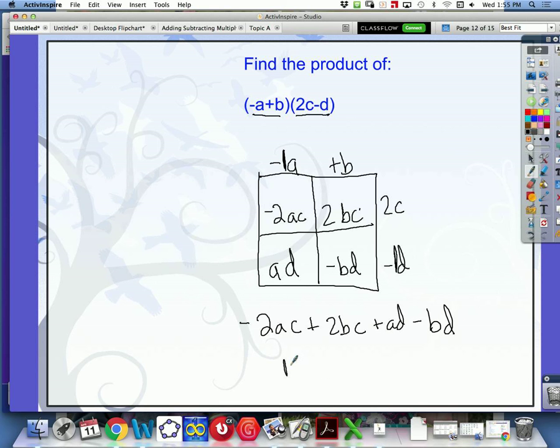So I know that this is a polynomial with a degree of 2 because this one is a 1 and a 1. So 1 plus 1 is 2. This one is a 1 and a 1, so it's still 2, and still 2. So even when it's all variables, if you use this box, it's still pretty simple.